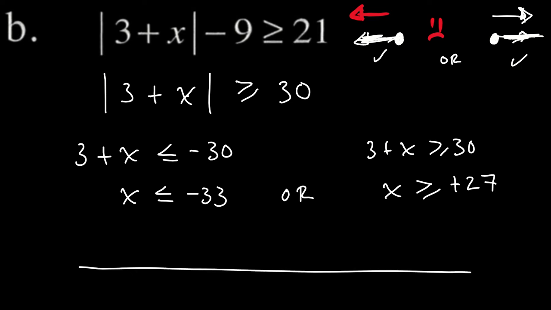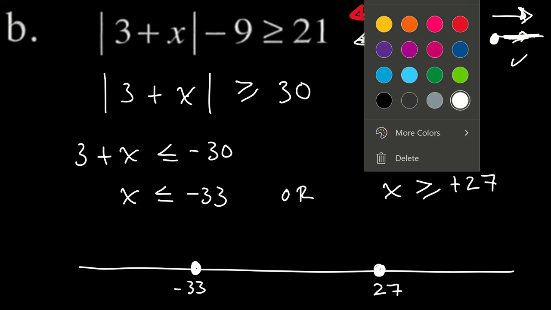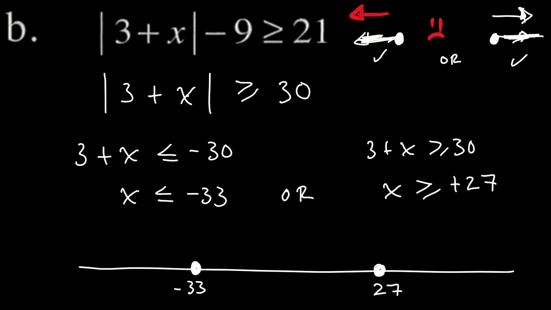And if I was to graph this on a number line, we already see this sketch up there. This boundary is included, and this boundary is negative 33. This boundary is included. This boundary is positive 27. And any value that is larger than 27 will work.